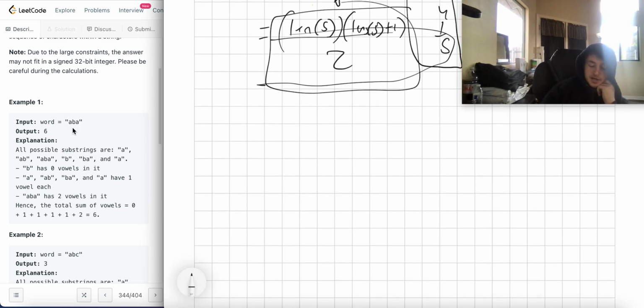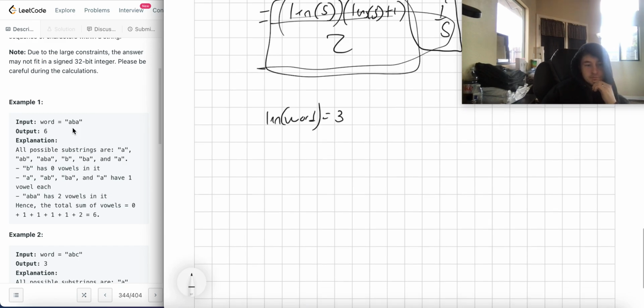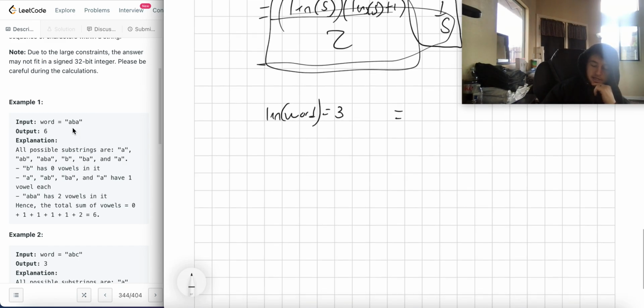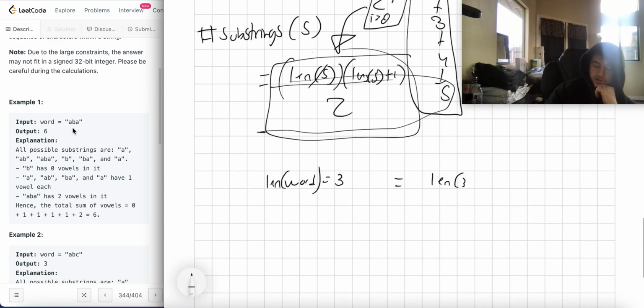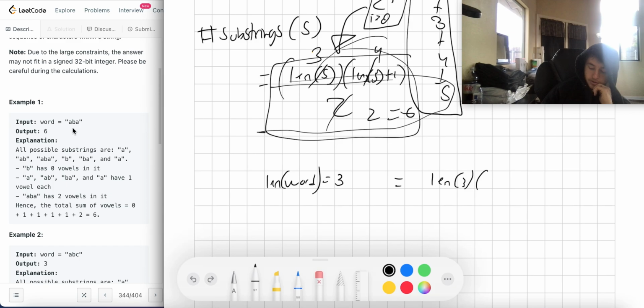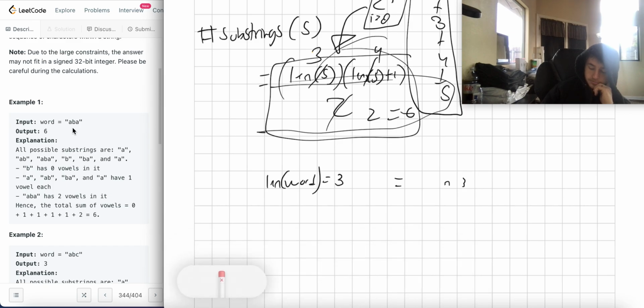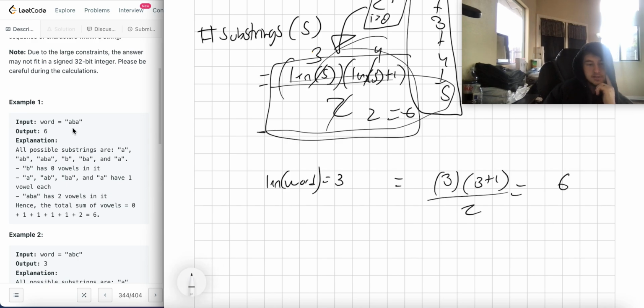So for the word of length 3, the number of substrings is 3 times 3 plus 1, divided by 2, which equals 6, which we see here.